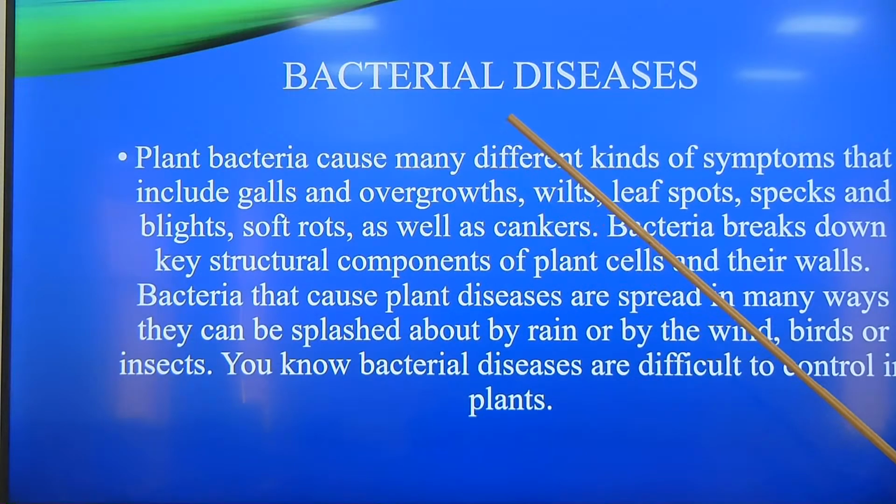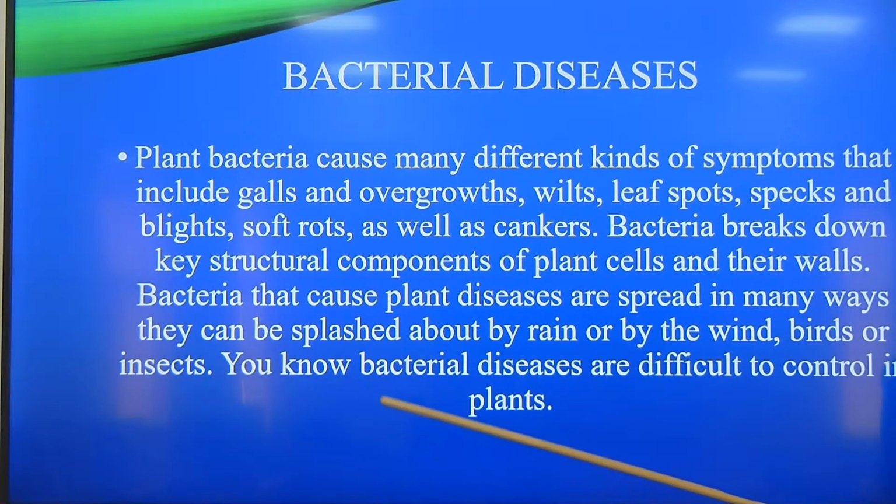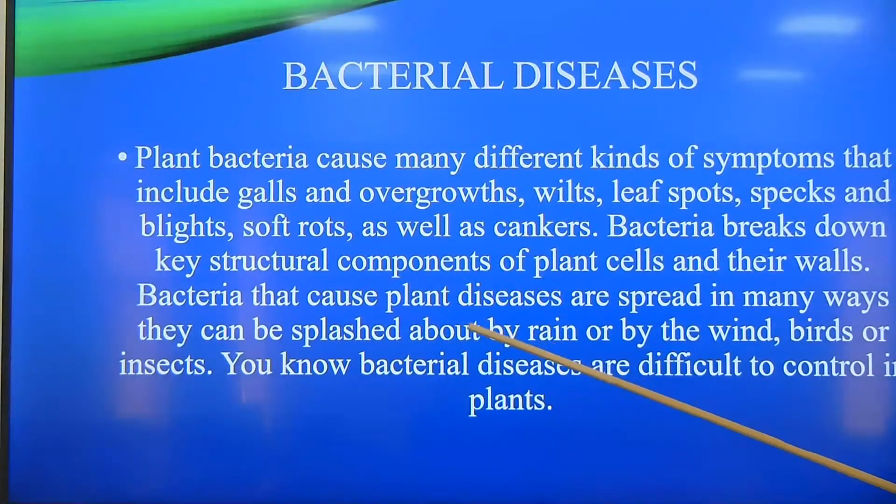For example, bacteria break down key structural components of plant cells and their walls. Bacteria that cause plant diseases are spread in many ways. They can be splashed about by rain or by the wind, birds or insects.